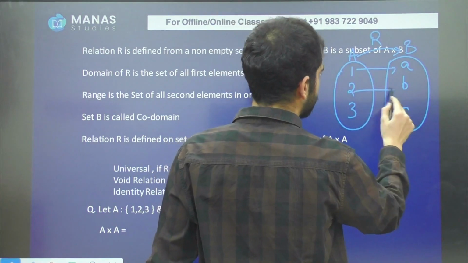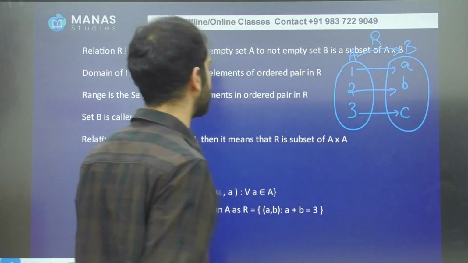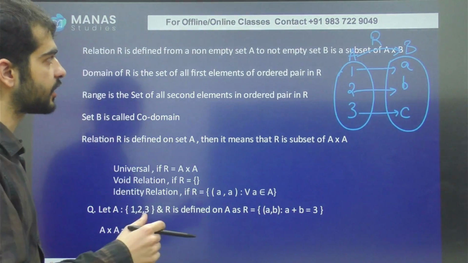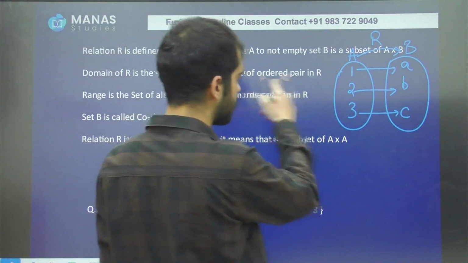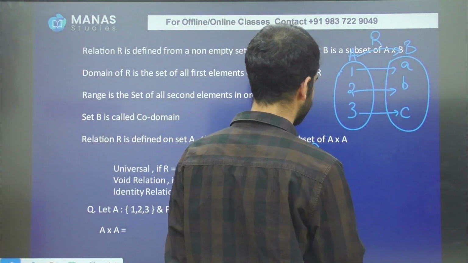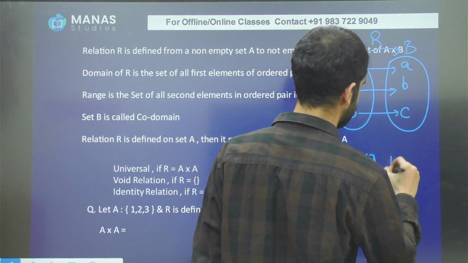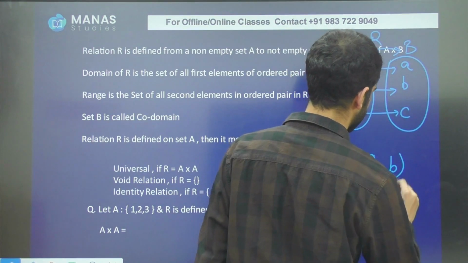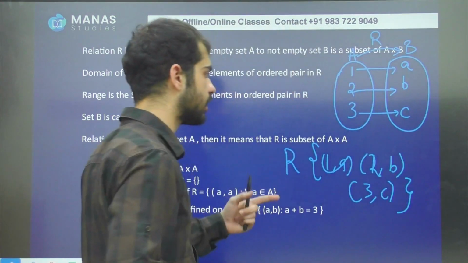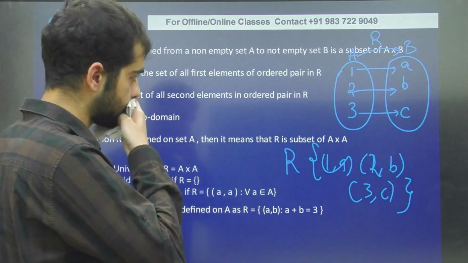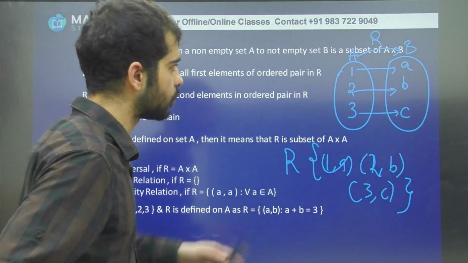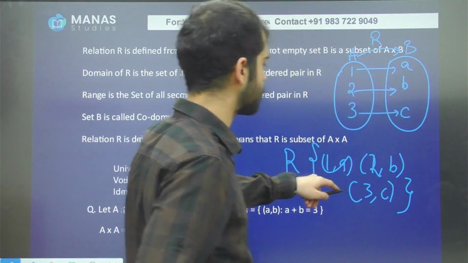If they are related in such a manner, then it will be appropriate to say that the relation is a subset of the Cartesian product, because in this case the relation can be written as 1a, 2b, 3c. Now this is a subset of all the elements of the Cartesian product. The Cartesian product would also include 1b, 1c, but they are not present in this relation.